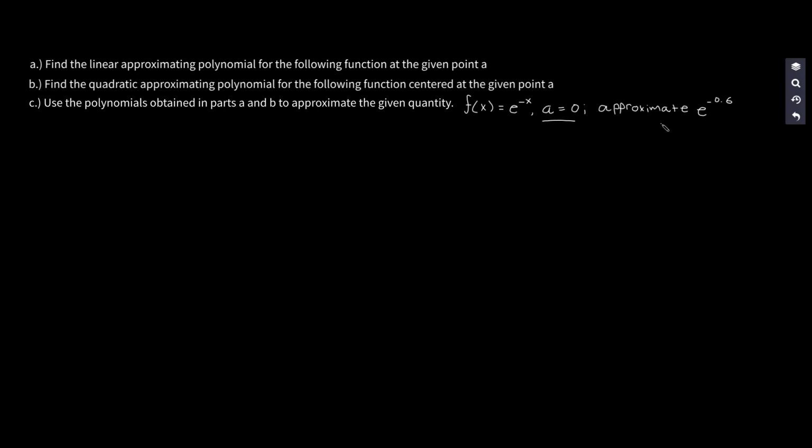Part B is to find the quadratic approximating polynomial for the following function centered at the given point A. Part C is to use the polynomials obtained in parts A and B to approximate the given quantity, which is here.